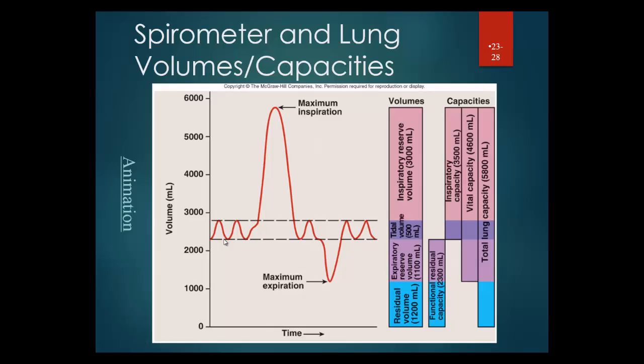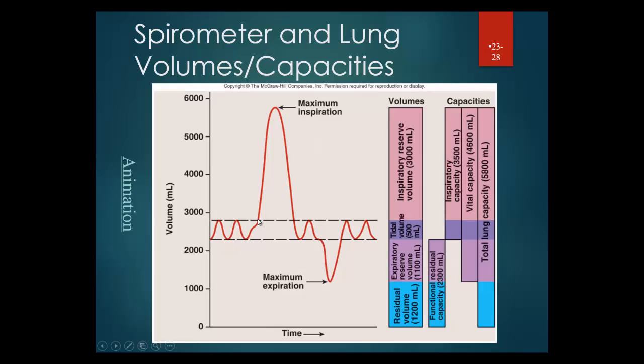Inspiratory reserve volume is after we do a normal inhale, how much more can we inhale beyond that if we needed to. For example, if you inhale to yawn, that's usually a much larger inhale than a normal quiet inhale. So how much more room is there in the lungs for extra air to be inhaled?